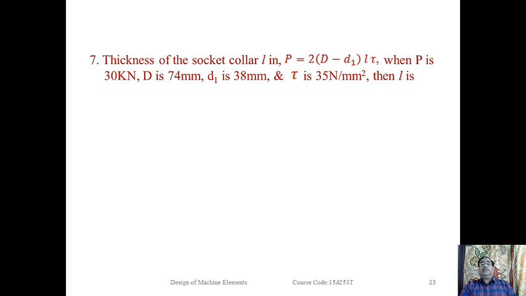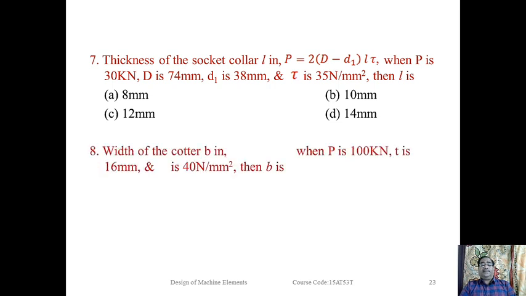Then small l is: A, 8 mm; B, 10 mm; C, 12 mm; and D, 14 mm. After calculating, the value of L is 12 mm. So C is the correct answer.